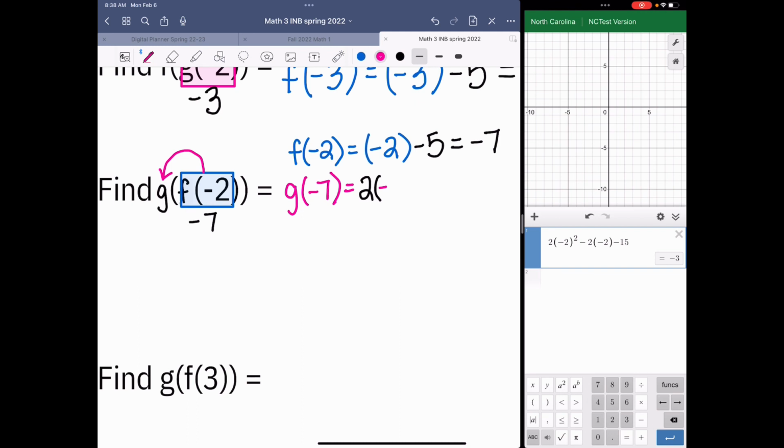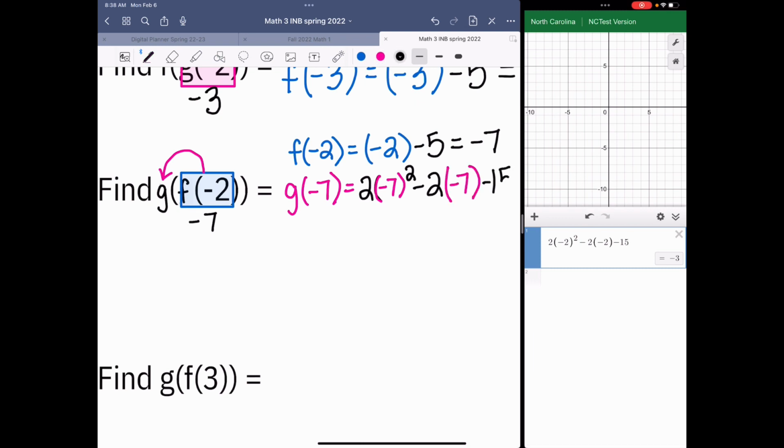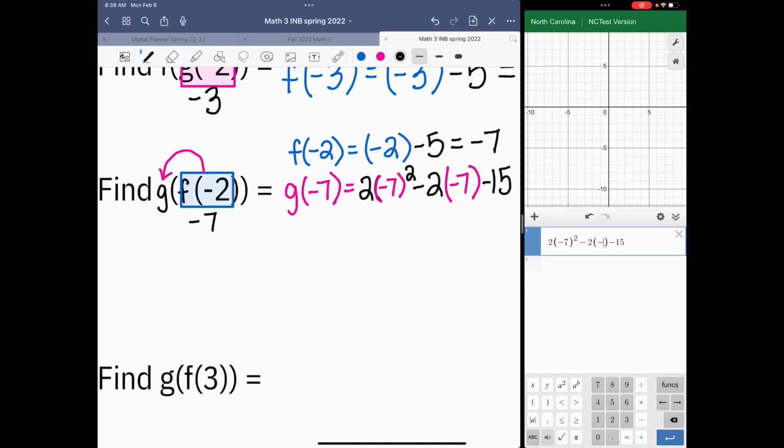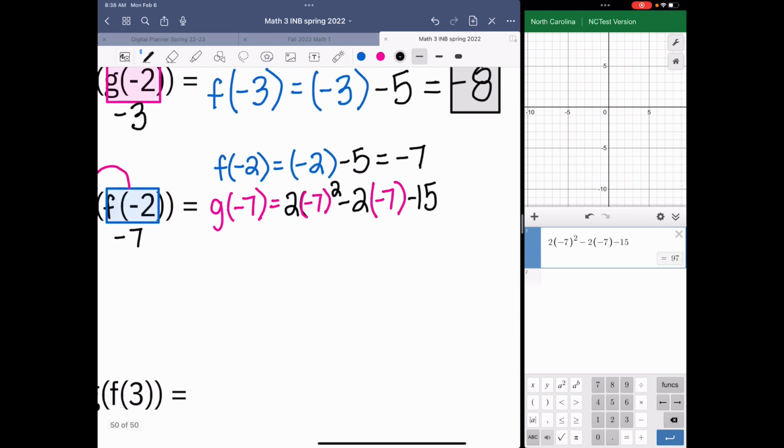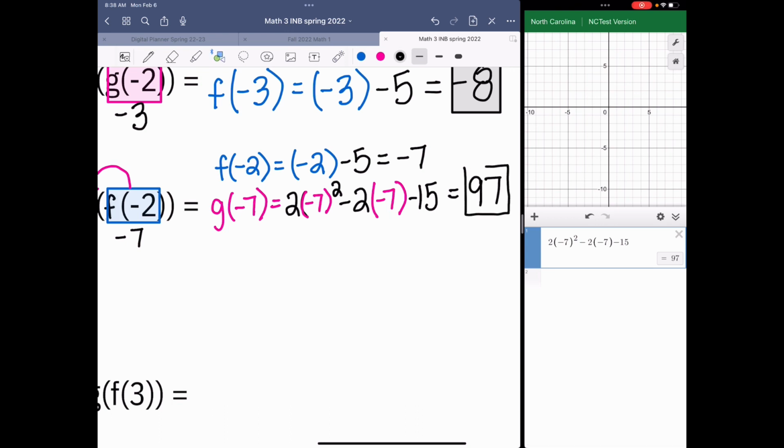So we're going to do 2 times -7 squared minus 2x, which is going to be -7 now, minus 15. And again, you can go and plug this into Desmos. I already had this in here, so I'm going to change my -2's to -7's. My final output is 97. So 97 is going to be my final answer for that composition.